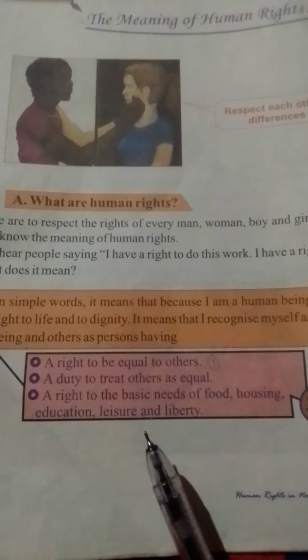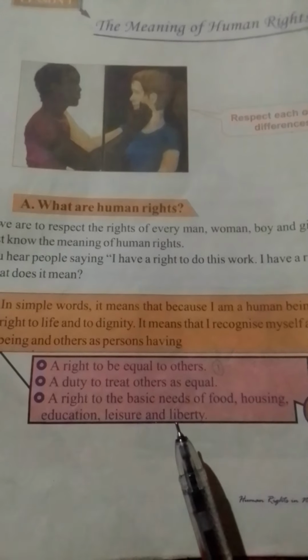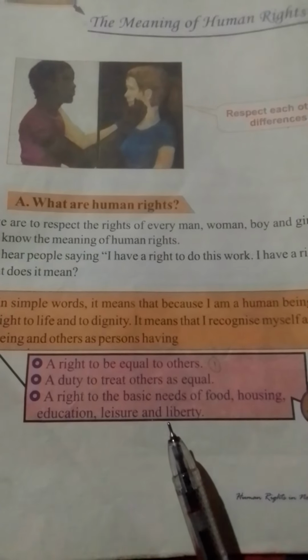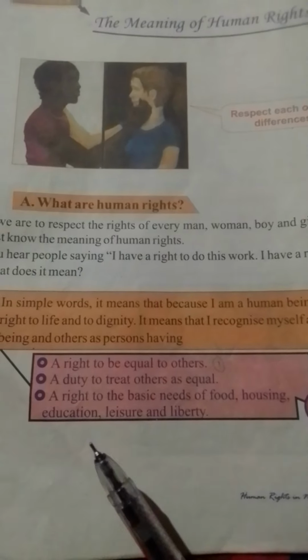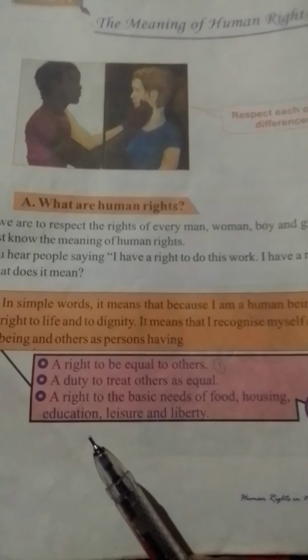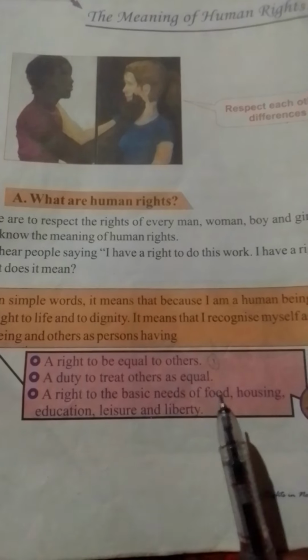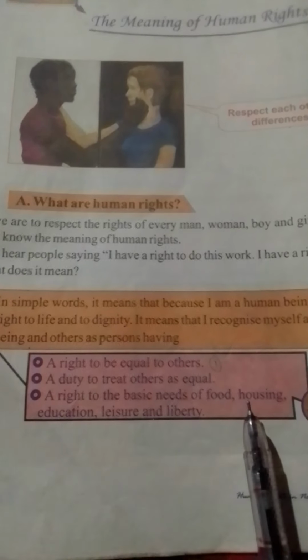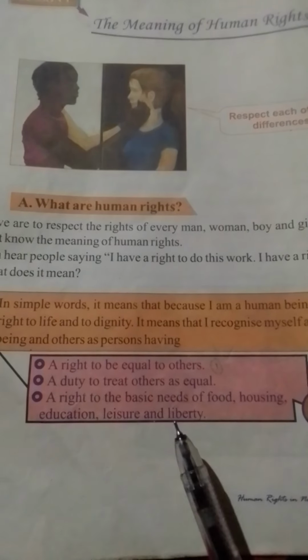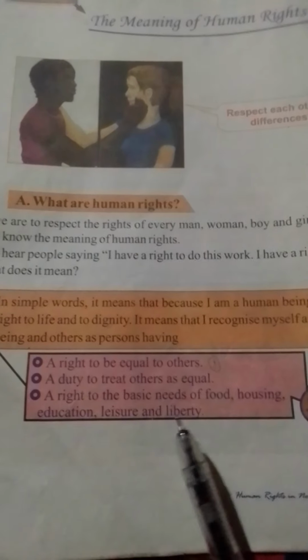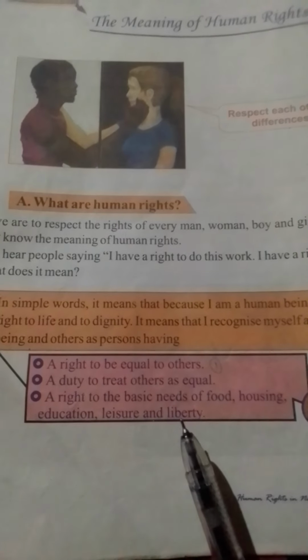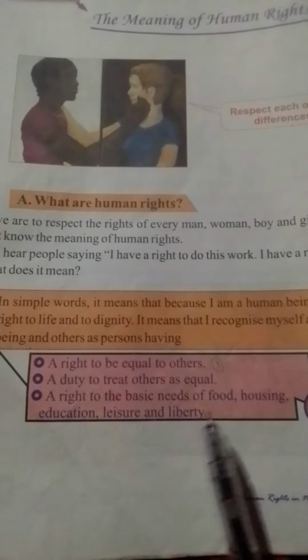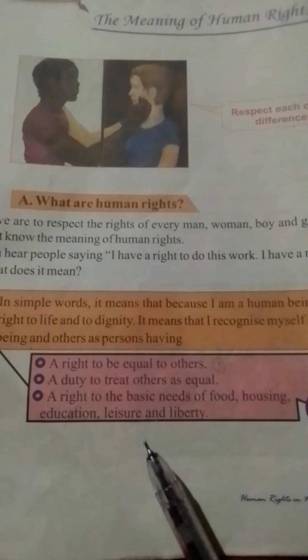These are called basic needs that we need to live in our society. Without education, how do we live in society? Without food, how do we live? Without housing, how do we live? Without leisure and without liberty, how do we live? So these are the basic needs that we must have.